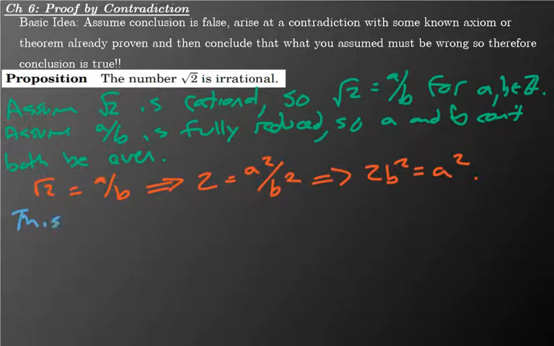This means that a squared is even, just because it's 2 times some integer. And then we're going to use this to get to our contradiction.